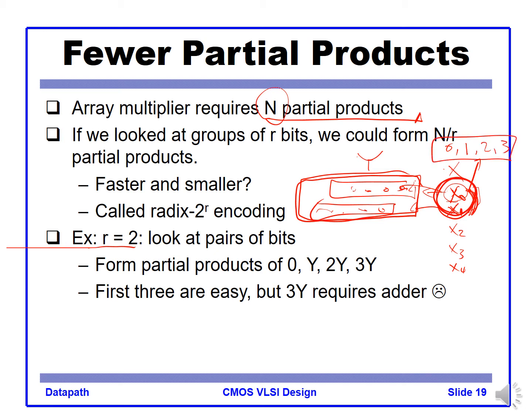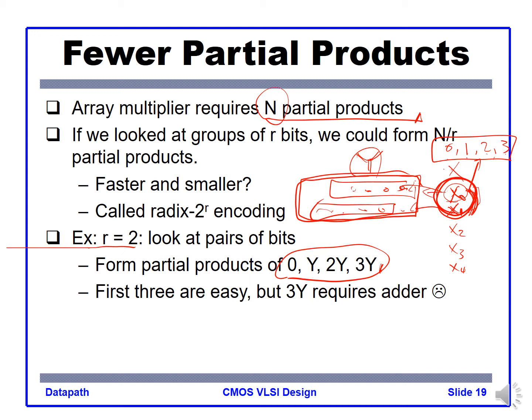So we pre-compute the 0, 1, 2, 3 cases for y, and then generate the partial products like this. Then we can reduce the number of partial products.